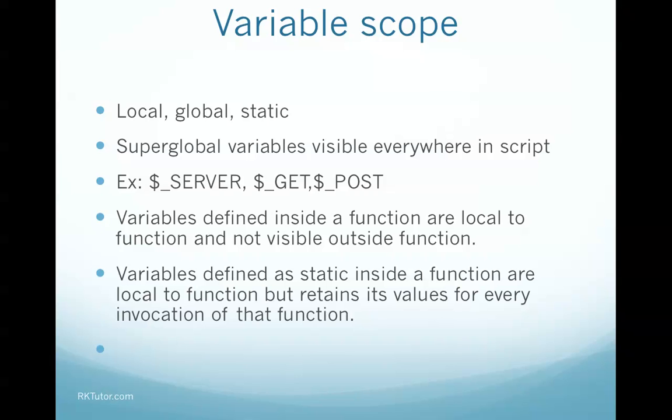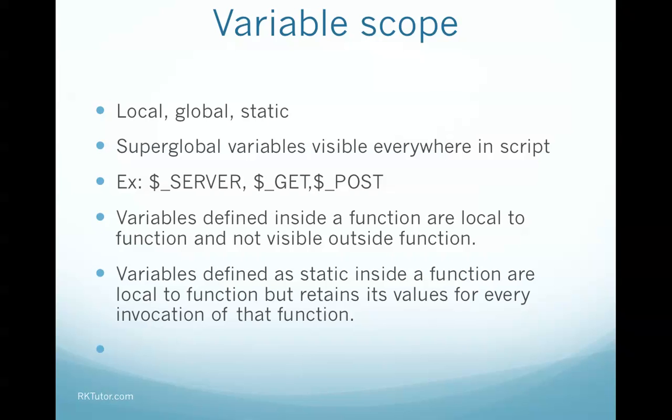What is variable scope, or what are the different types of scopes? Basically we have three kinds of scopes: local, global, and static. I will explain these scopes in more detail during the program, but this is an introductory session. So, super global variables.